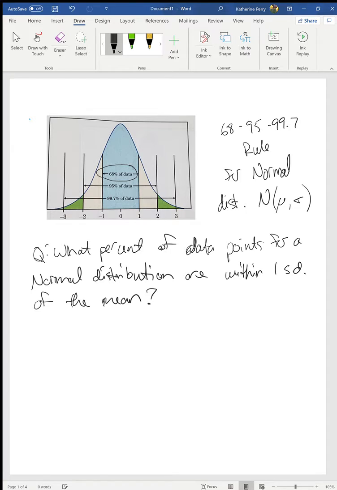And so if this is the mean, then it's asking what percent of data points are either one or less than one standard deviation to the right and one or less than one standard deviation to the left. So it's asking what percentage is this blue region in this picture.